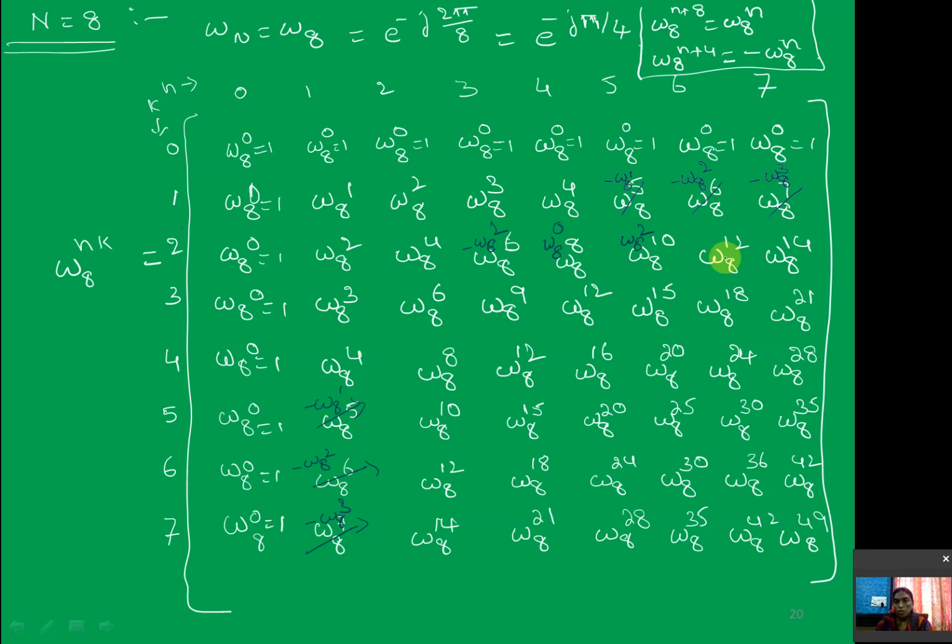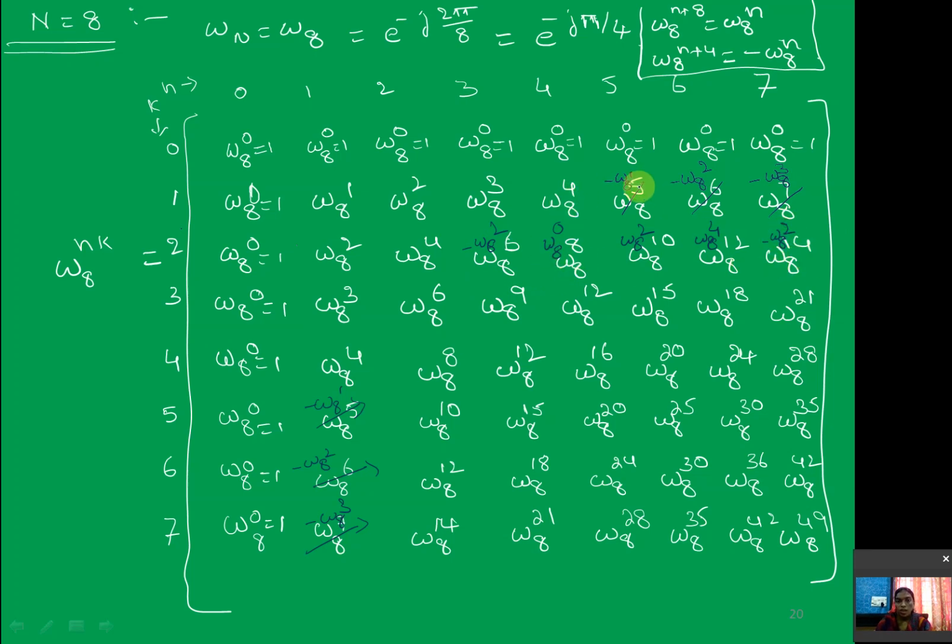W8 power 12 is W8 power 4 plus 8, which is W8 power 4. W8 power 14 means W8 power 6 plus 8, and W8 power 6 is minus W8 power 2.